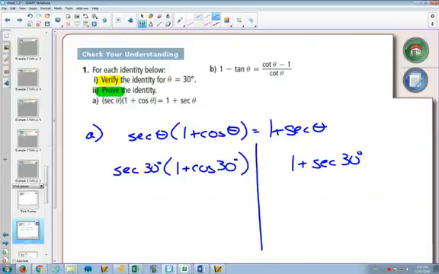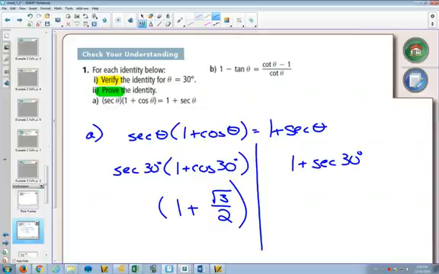Now, of all those values, which is the easiest one to figure out? Secant of 30 degrees or cos of 30 degrees? Cos of 30 degrees, so let's start with that. 1 plus what is cos of 30 degrees? Square root of 3 over 2. Good.